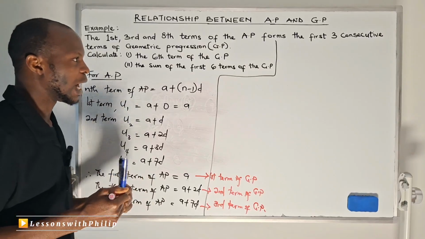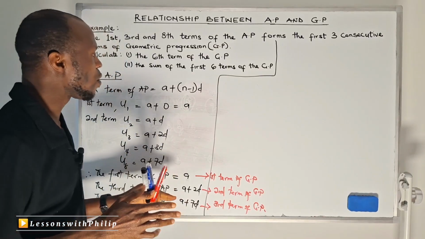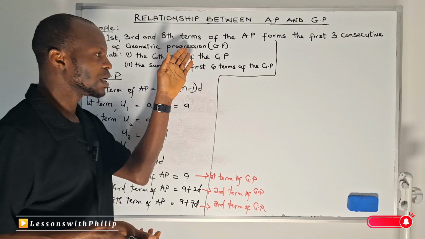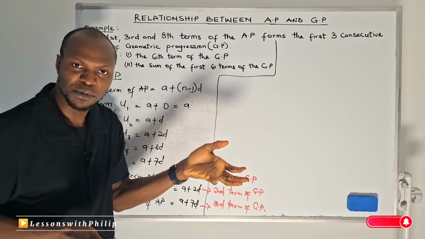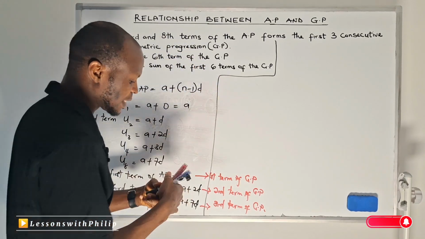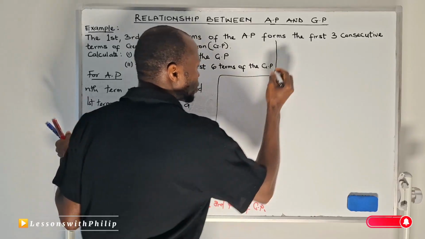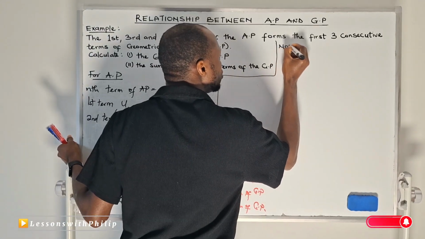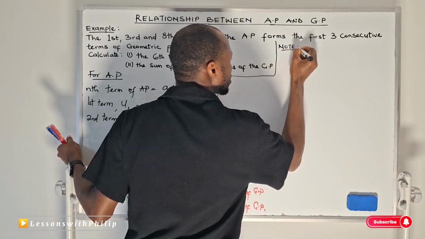Good, perfect. Now, in this scenario, anytime we have an AP equal to consecutive terms of a GP, there is something you need to know. Please note this.